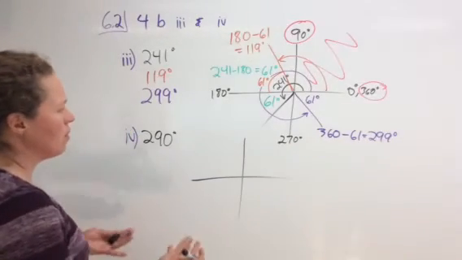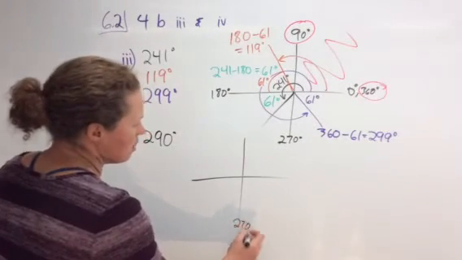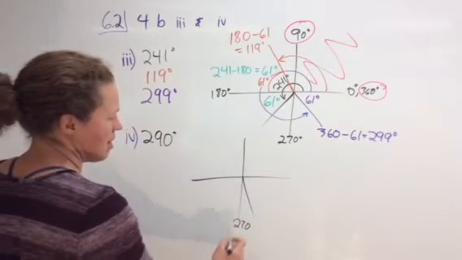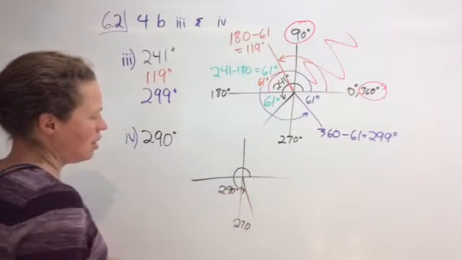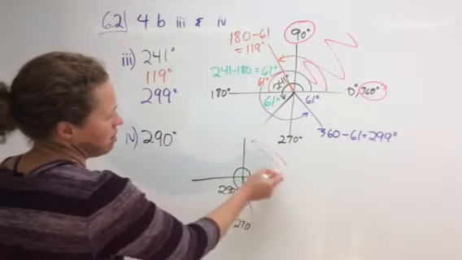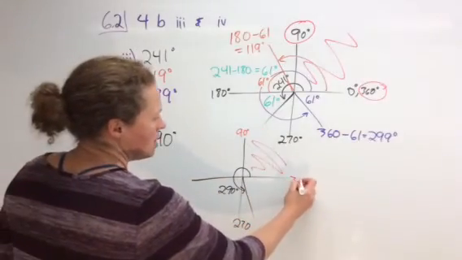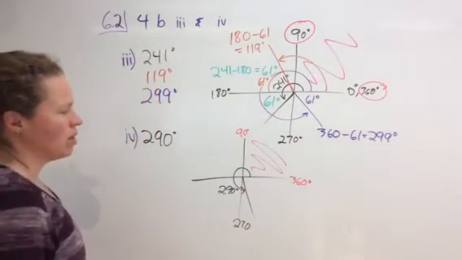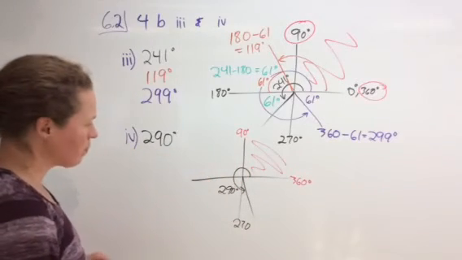All right, so we've got our angle set up. It's 290. I know this is 270, so it's going to be just slightly past that. And this will be my 290 degrees. Now, I know that I'm not interested in this quadrant because they told me that it's got to be between 90 and 360. So this way, not between 0 and 90.